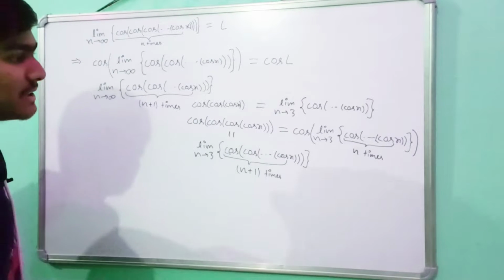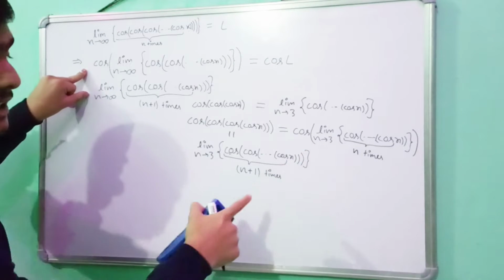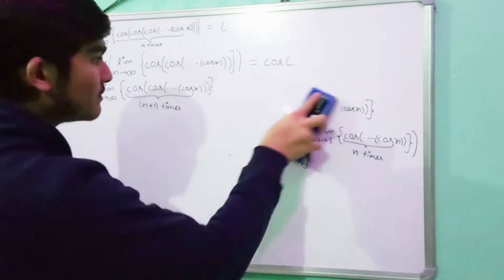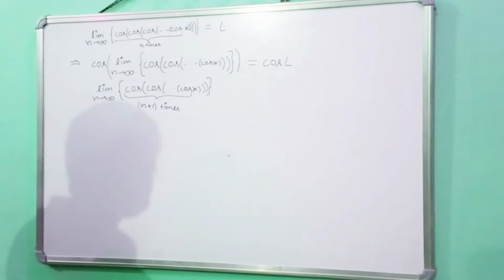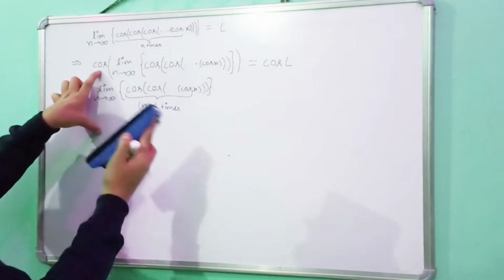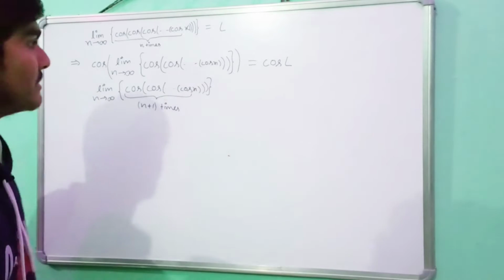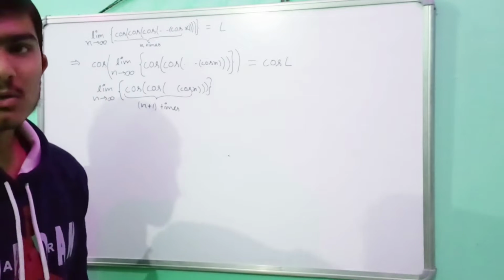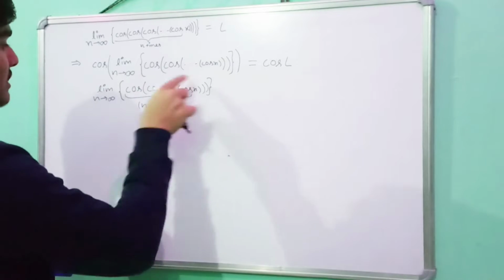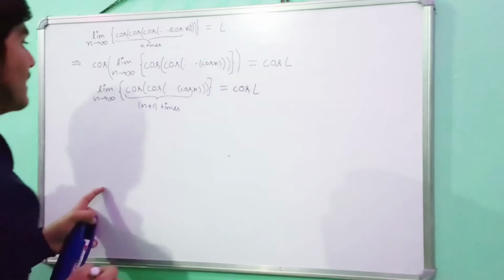We can see the similarities here and here. Only 3 is replaced by infinity. So I mean to say that we can take this cos inside and write that these cos are n plus 1 times, because I have taken this extra cos, so there will be n plus 1 times here. So now this equals that, and cos L will be itself on this side.